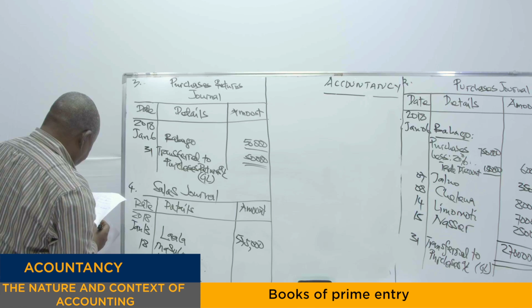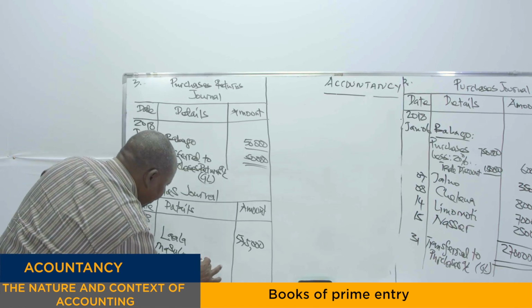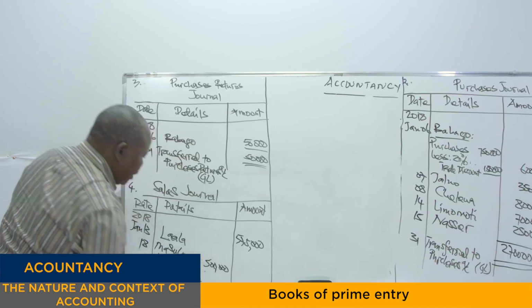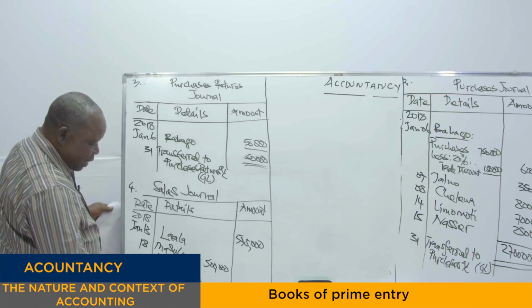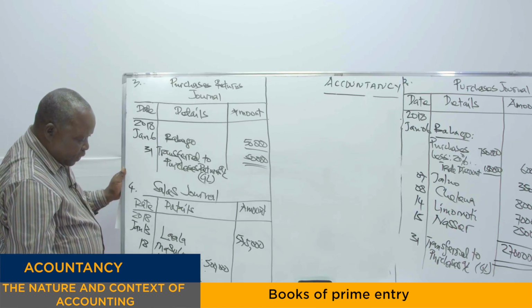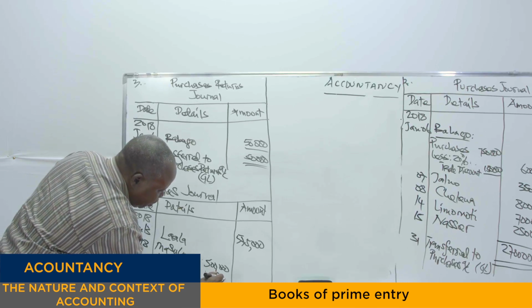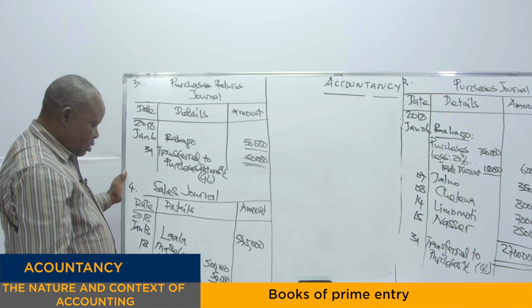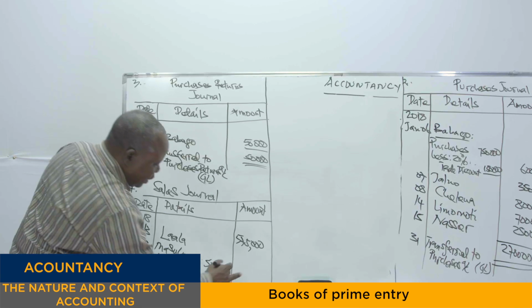Now the amount of list price is 500,000. So we less 10%. Now 10% of 500,000 is 50,000. So we less here 50,000. So the net, or the amount which will be shown in the invoice, is 450,000.